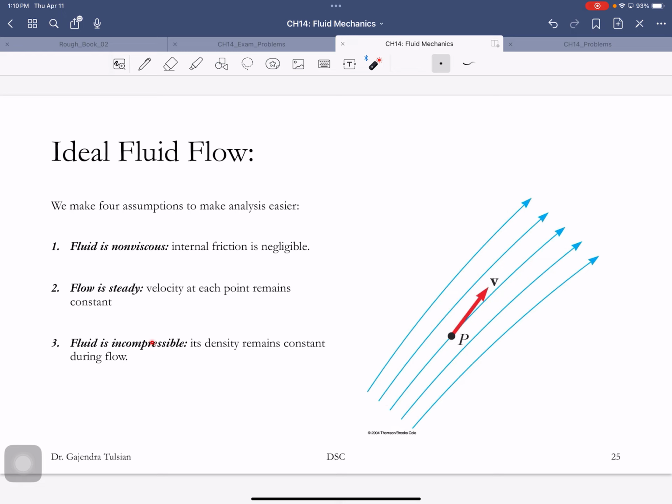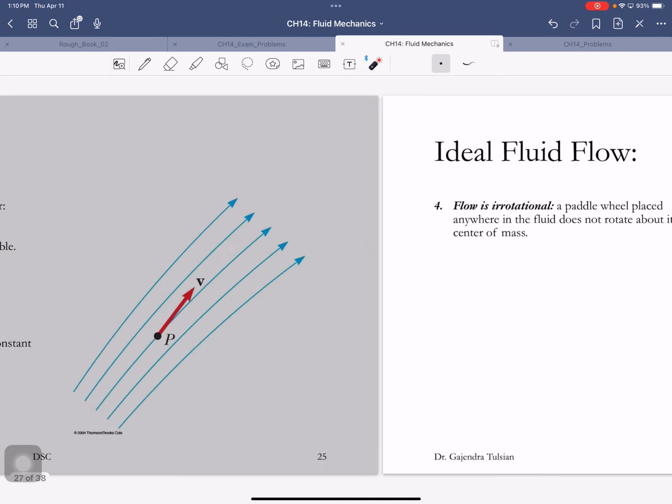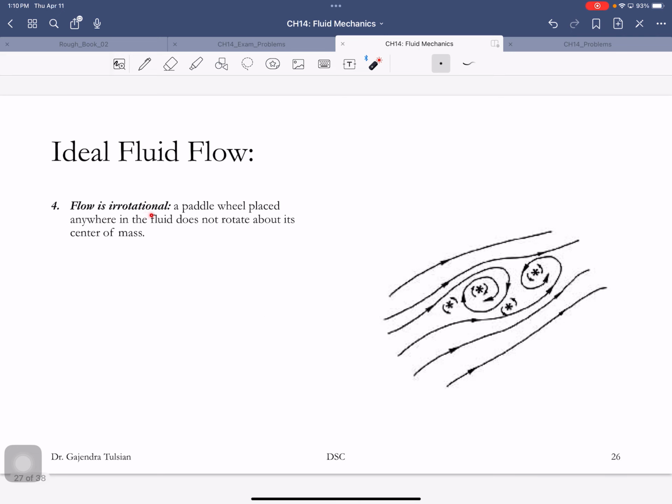Fluid is incompressible, meaning you don't change the density of the fluid. But we'll apply all these to air as well, so we'll consider situations where the density is not changing much. But anyway, we are just talking about an ideal fluid, and it is also irrotational.